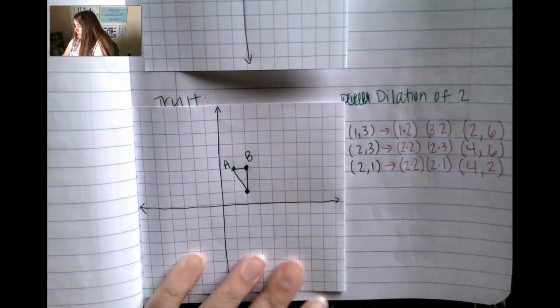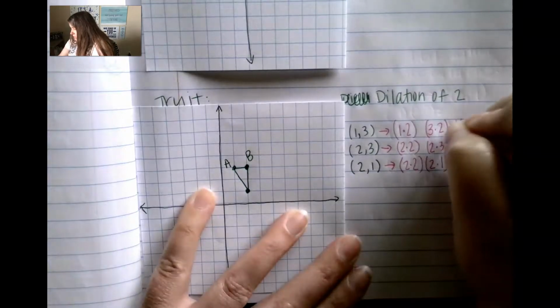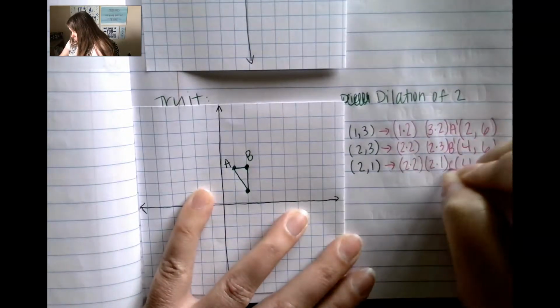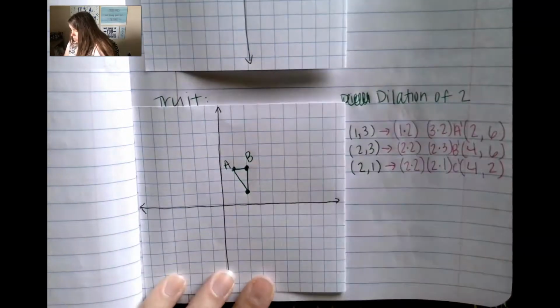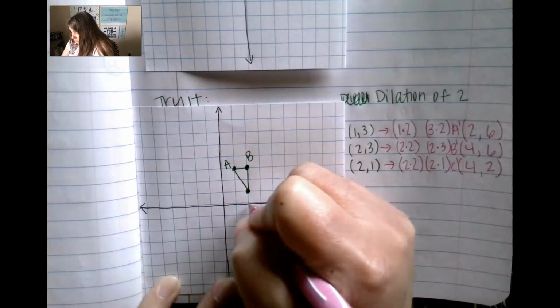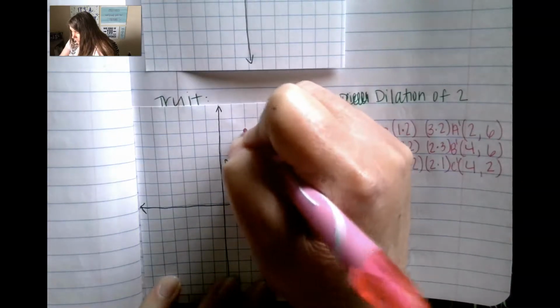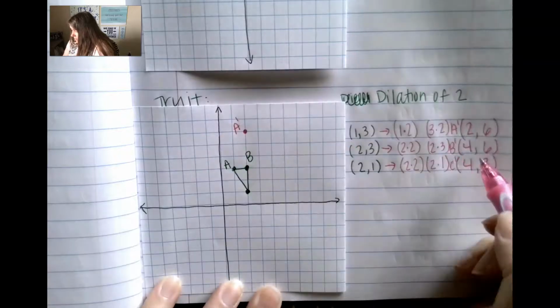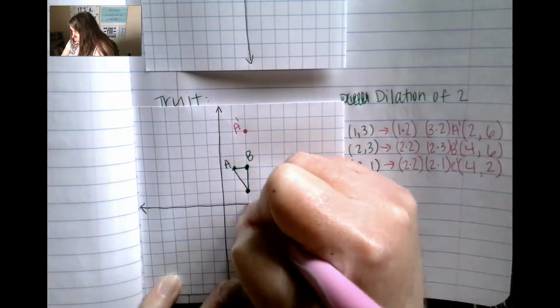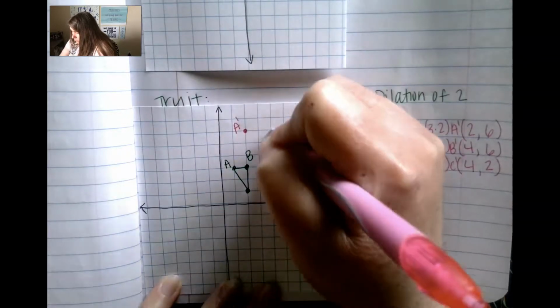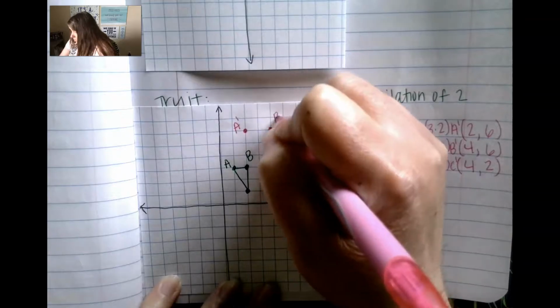All right, so let's go ahead and graph these images. All right, so 2, 6. I'm going over 2, up 1, 2, 3, 4, 5, 6. And 4, 6 over 1, 2, 3, 4, up 6. So far, so good.